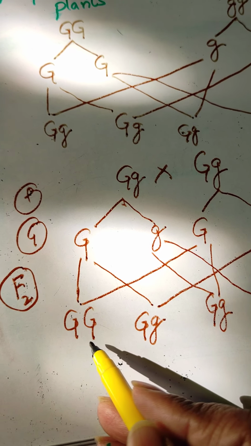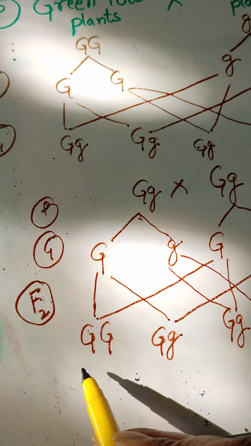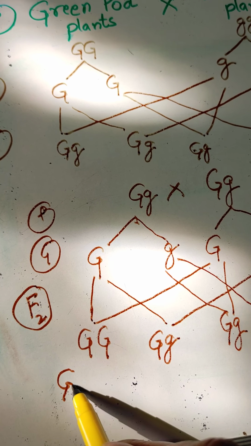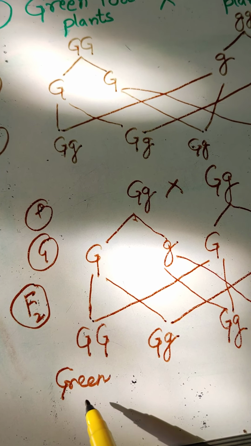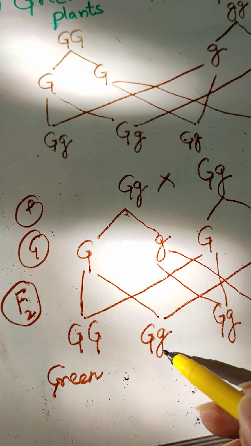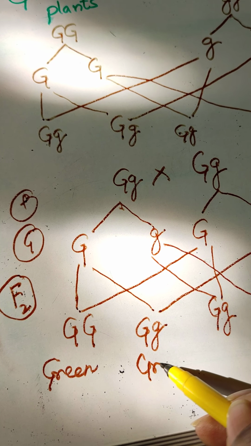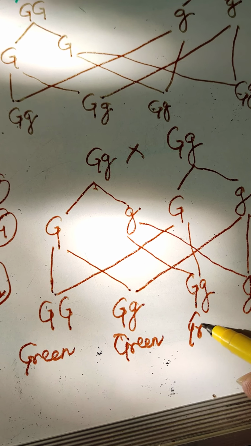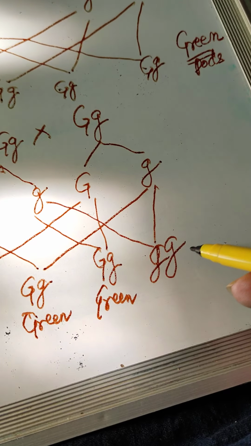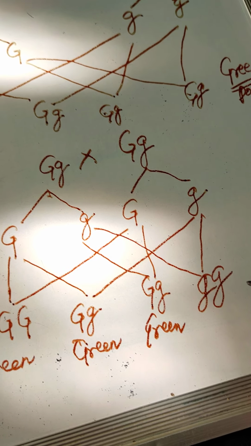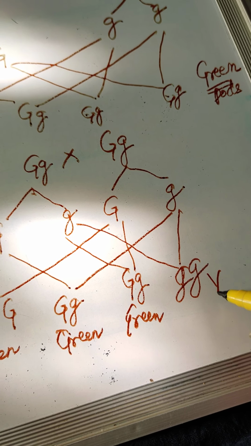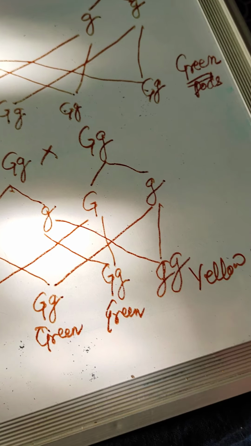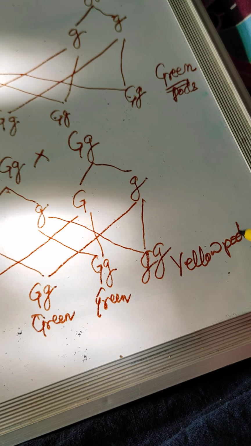This is homozygous dominating, so the phenotype will be green color pods. This is heterozygous, but the result will also be green color pod. This one is recessive, so the result will be yellow color pod.